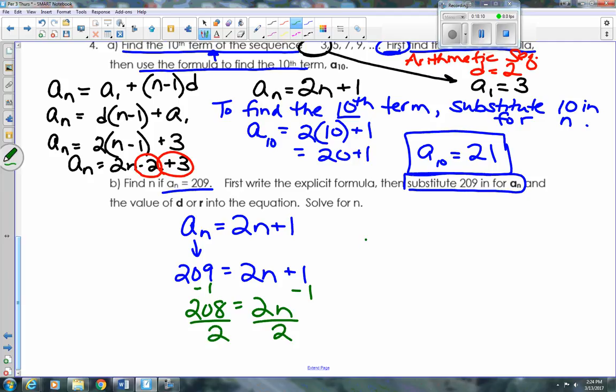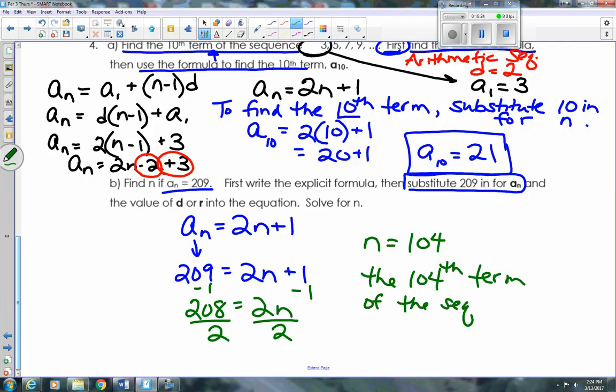And I get n is equal to 104. Or in other words, the 104th term of the sequence is 209. This is the answer we were looking for.